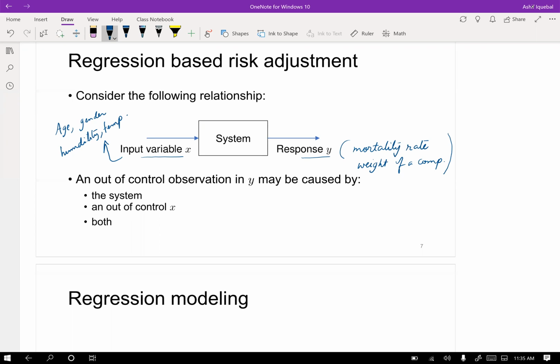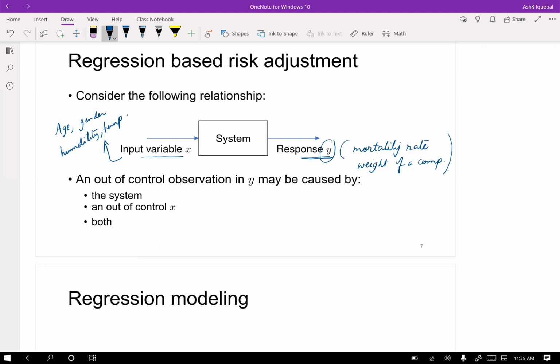Now, if you want to find out an out of control observation in Y, so far we have only worked with Y, right? We have been able to construct Shewhart control chart, CUSUM control chart, exponentially weighted control chart, all for Y. We only worked with Y so far, right?